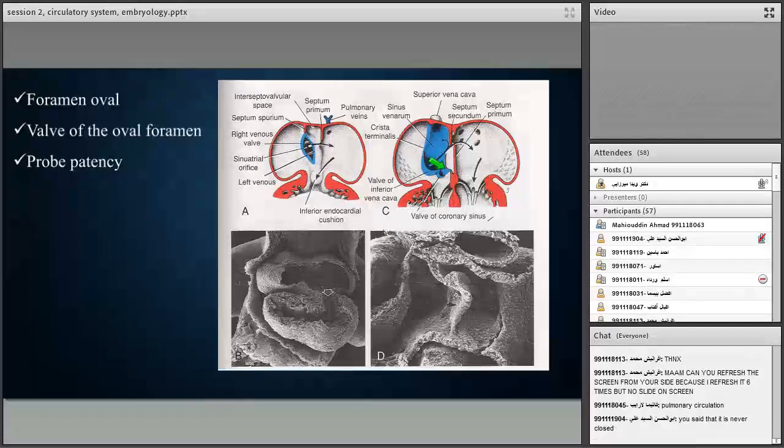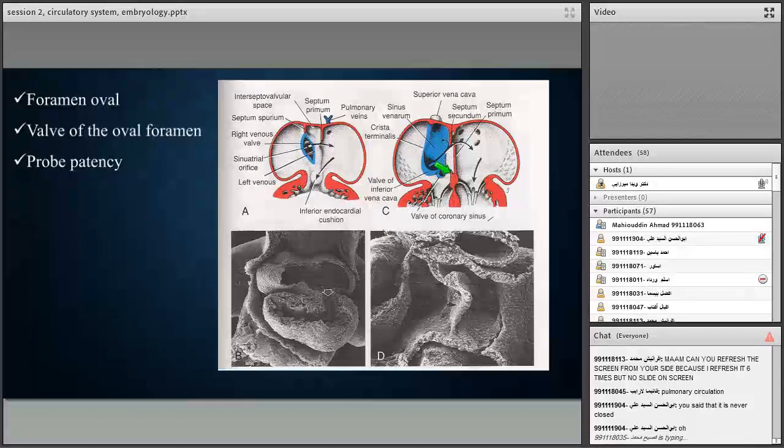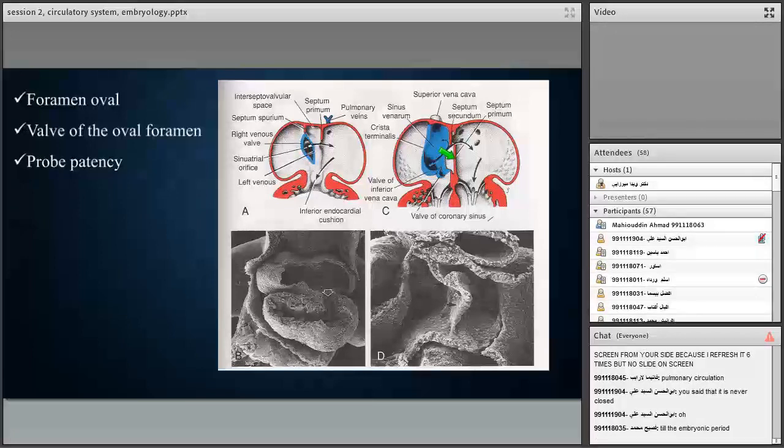Yes, when the pulmonary circulation begins. No, I said that the septum secundum never closes; I mean, it is never growing downward to reach this part. But on the other side, we have septum primum. It works as a valve.